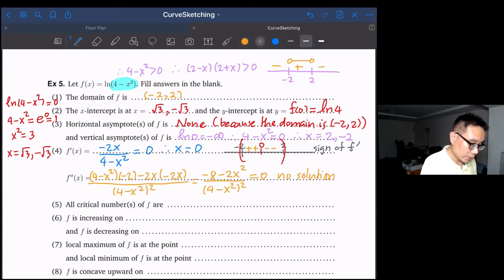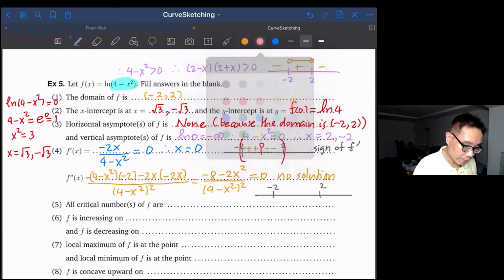The next one will be the sign for f double prime. So you have -2 and 2, okay? And you have no solution. So you have no inflection point around here. So you're going to just plug in for the sign of f double prime.